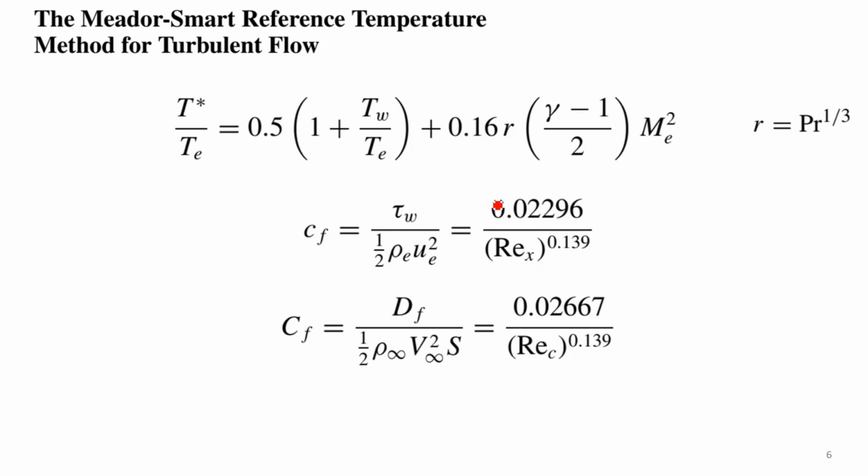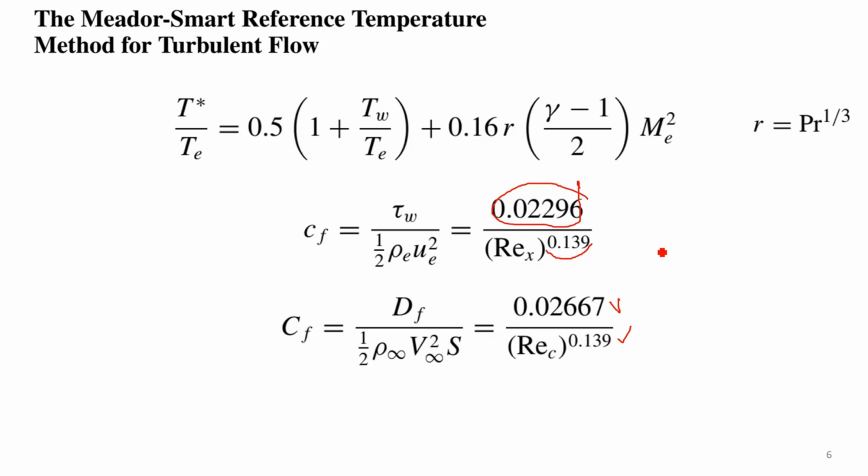Today I do not have the opportunity I had last time, but okay. These two coefficients for laminar and turbulent flow are different, okay? And same for these two coefficients. The approach is the same.